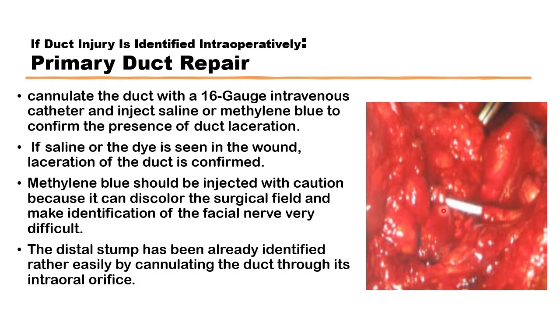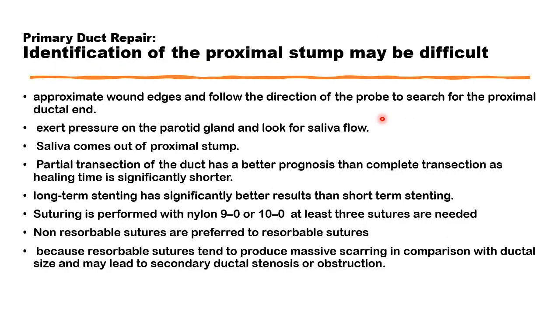Sometimes it can be difficult to find the parotid end of the parotid duct, and this would require some dissection under magnification. And if there is a transection, then anastomosis on top of the catheter should be undertaken. You would try to pass the probe or the catheter through the oral end of the duct, and the direction of the probe would usually point to where the proximal stump would be.